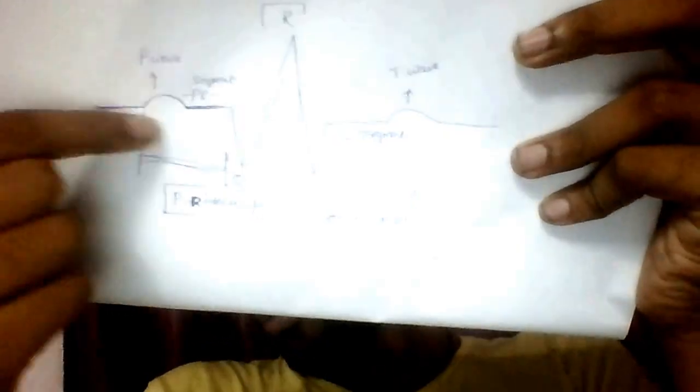Thereafter you have the QRS complex of waves. The P wave should be normal like this. If there is an increase or a decrease in the P wave, it indicates an abnormality, meaning some problem in the heart.